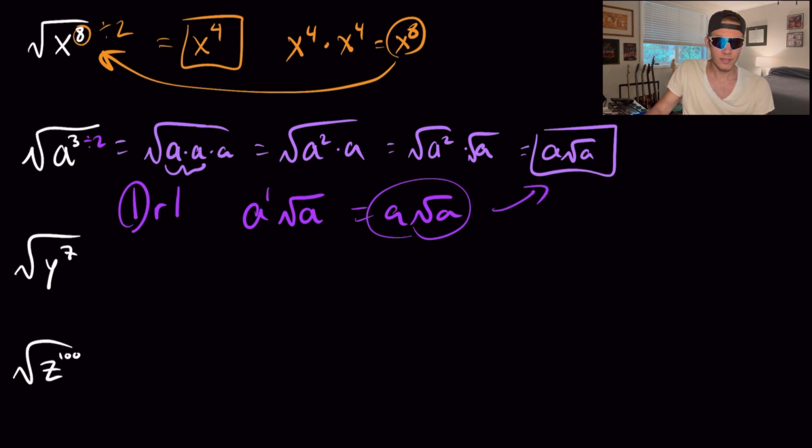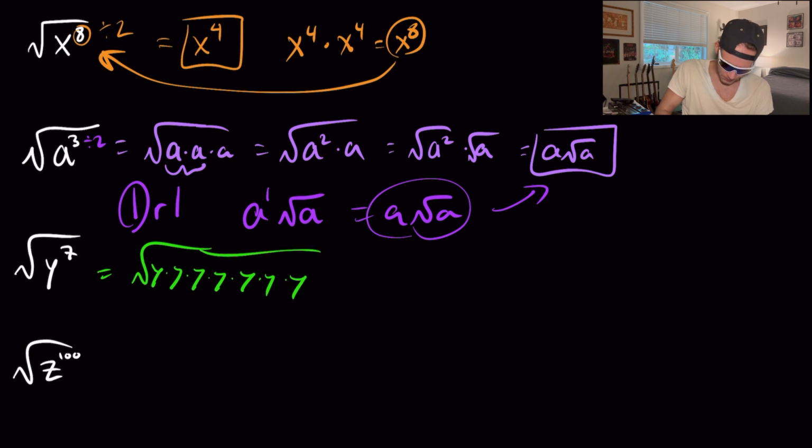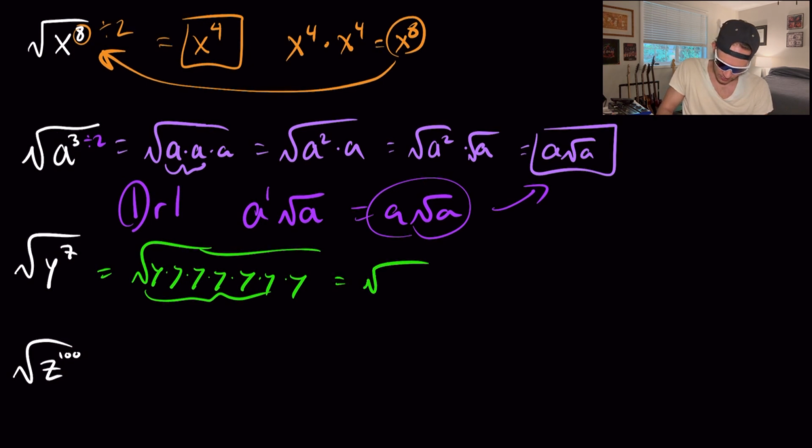So again, y to the 7th, it's an odd exponent, so I'll do it both ways again. First way is, let's just do y times y times y times y times y times y, one more, times y. Okay, and I'm going to multiply those first 6 y's together, and I'll get the square root of y to the 6th times y. All right, split those up.